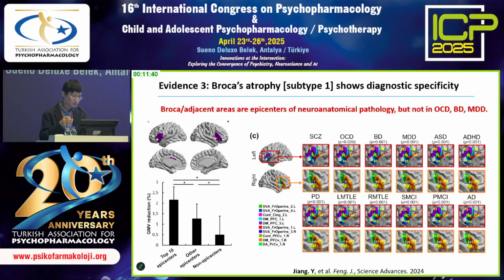I'm not going to talk more about the epicenter method. If you are interested, please see our paper. This is our key result. We found Broca's area and adjacent areas, including the anterior insula, are the epicenter of brain atrophy. This is only in schizophrenia, but not in OCD, bipolar disorder, and MDD.